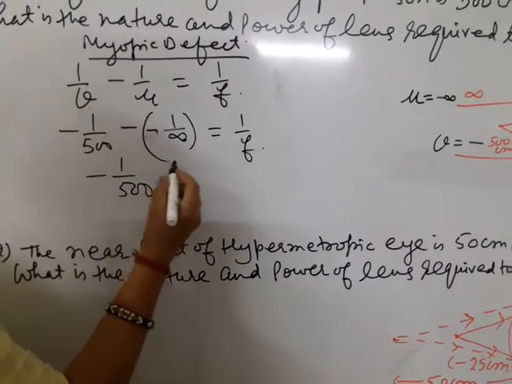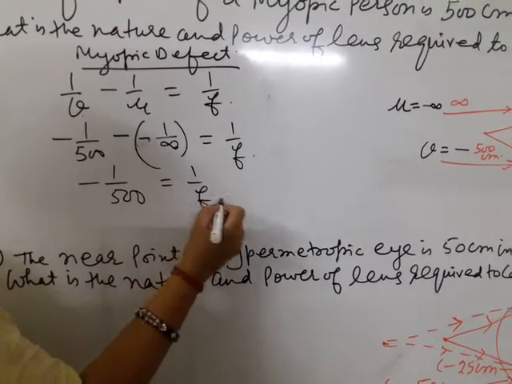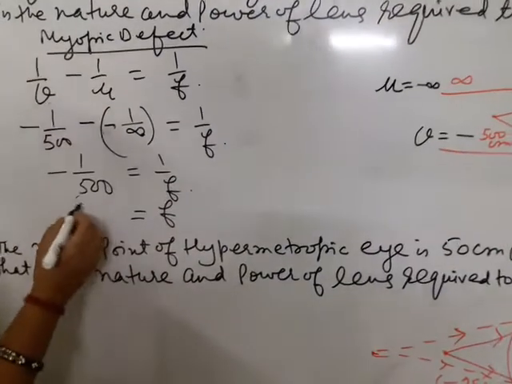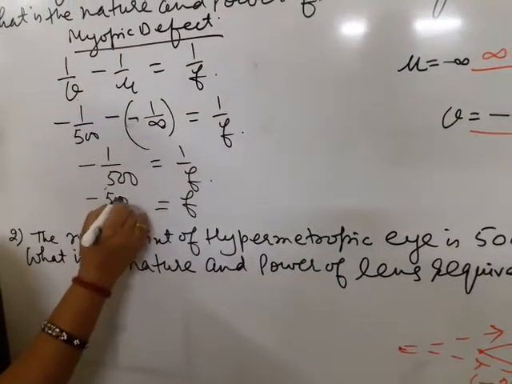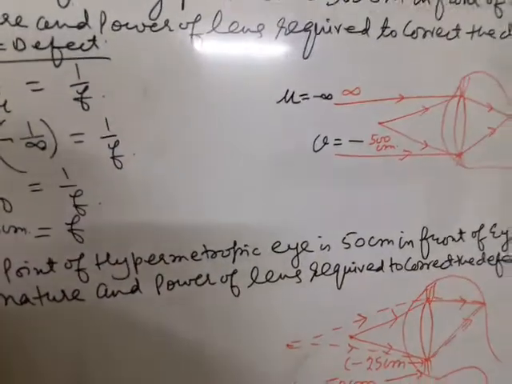We cancel it, we don't consider it. So 1 by F is minus 1 by 500. What is the focal length now? Reverse it. It is minus 500 centimeter. Now focal length is negative.